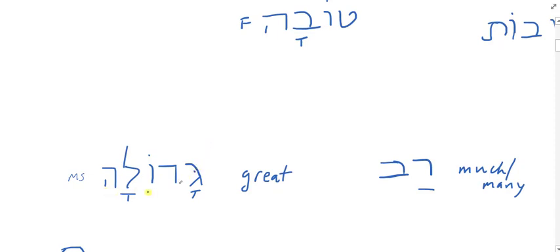Where's my stress now that I've added a vowel here? By the way, this is called a vocalic inflectional ending. What's vocalic mean? Vocalic means vowel. My ending begins with a vowel, right? Kametz he is a vowel. What does the lamed have to do with this kametz he? Can the lamed close the syllable like it did before?